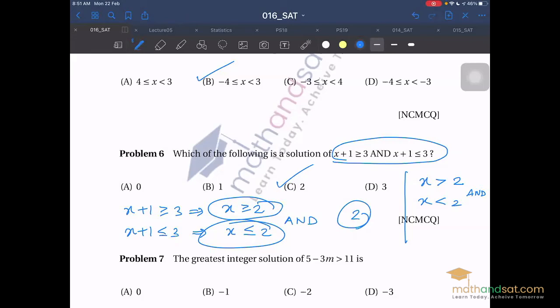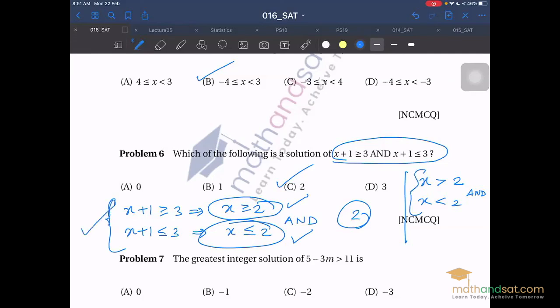And now what was the difference here? The difference was the number 2 was included in both cases. 2 was part of the solution in the first inequality, and 2 was also part of the solution in the second inequality. So 2 was included in this case, but here 2 is excluded.